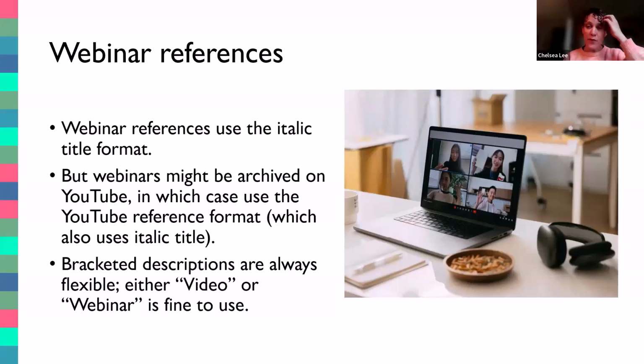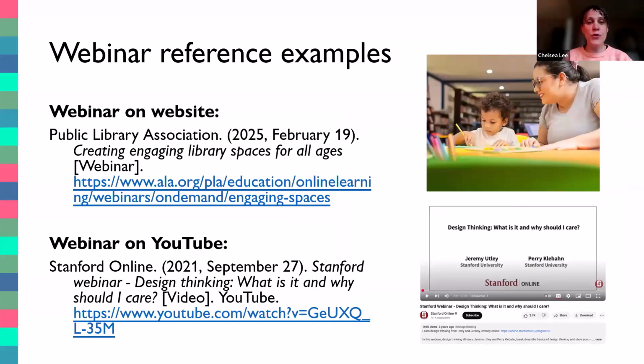If we look at the examples on the next slide, you'll see two ideas. First, maybe a webinar that you got off of a website. And then the second, maybe it's archived on YouTube. In both cases, we have author, date, title, source, and providing a link that works, that takes you to what the thing is.